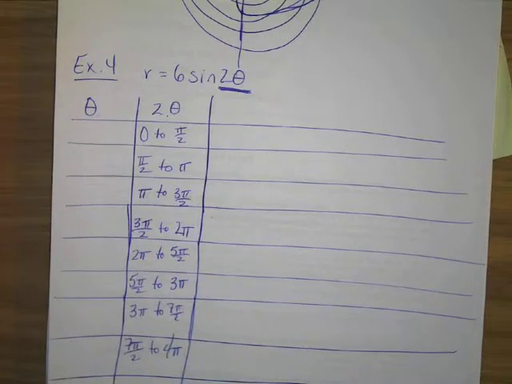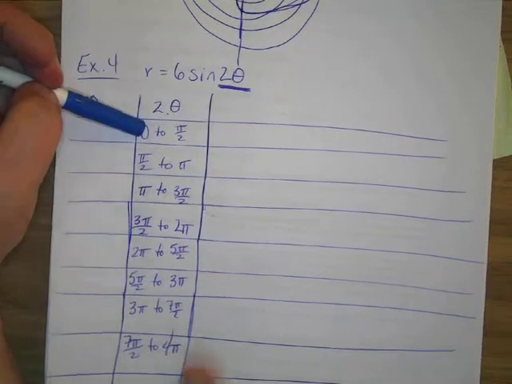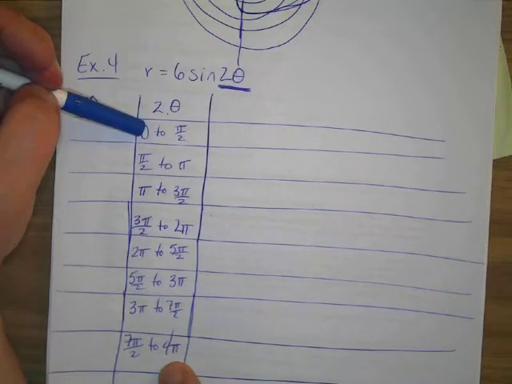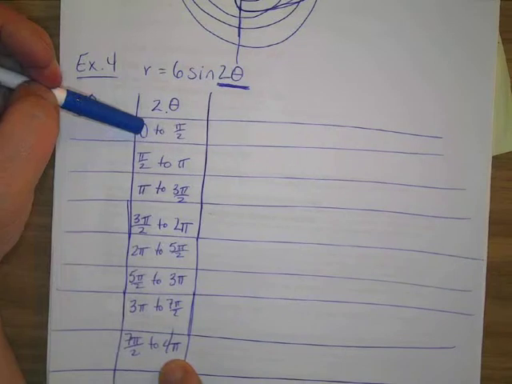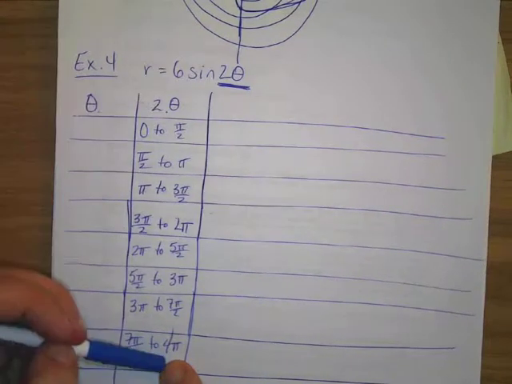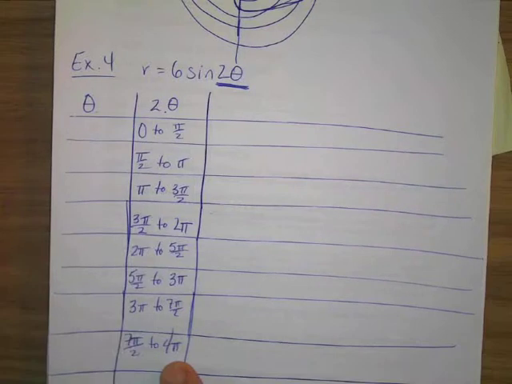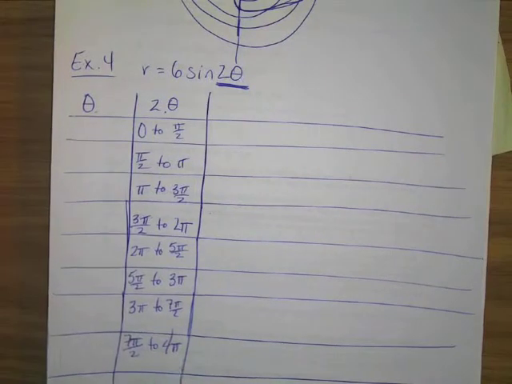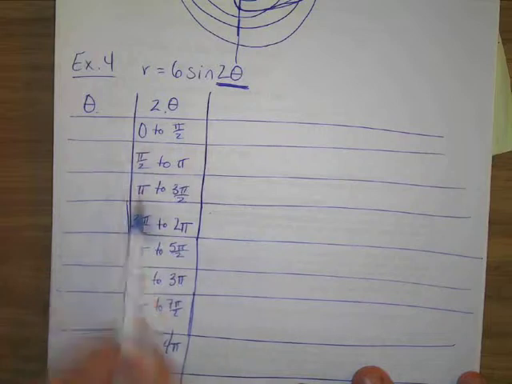We have to cut everything in half, right? So this really is just going to be one period movement through for theta. So I had to double it because that was doubled there. So we went twice as far in this column. Is that okay?